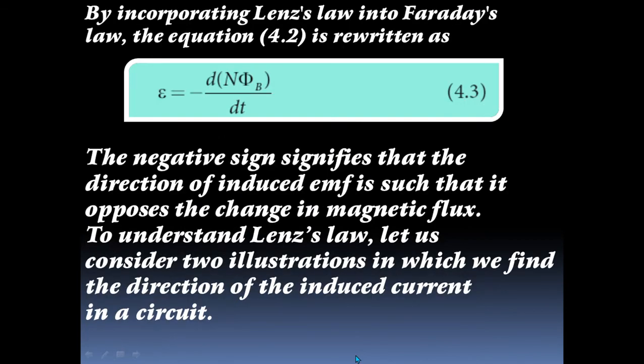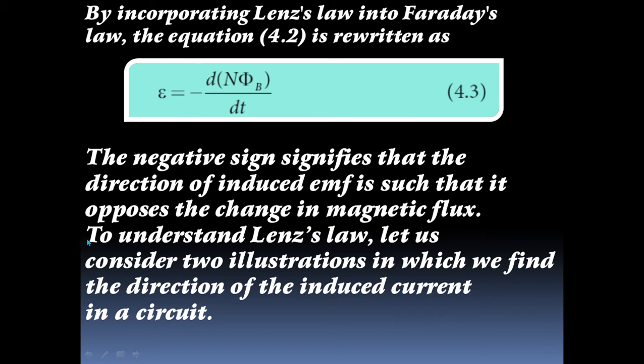The next point is, by incorporating Lenz's law into Faraday's law, equation 4.2 is rewritten as epsilon equals minus d(N phi B) divided by dt. The negative sign signifies that the direction of the induced EMF is such that it opposes the change in magnetic flux.